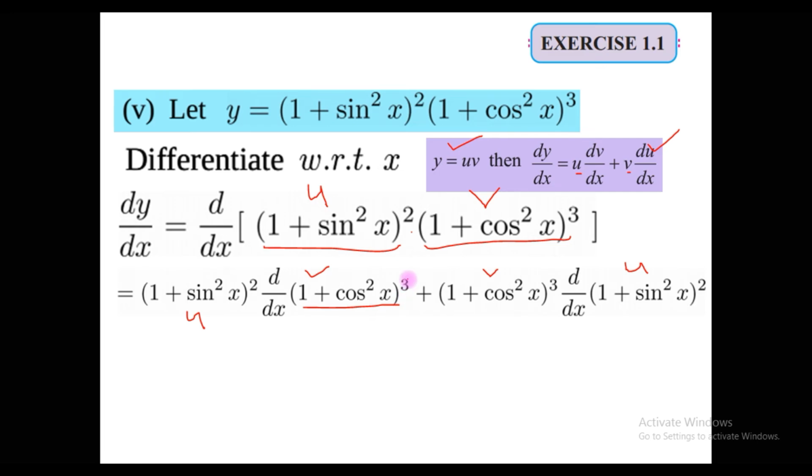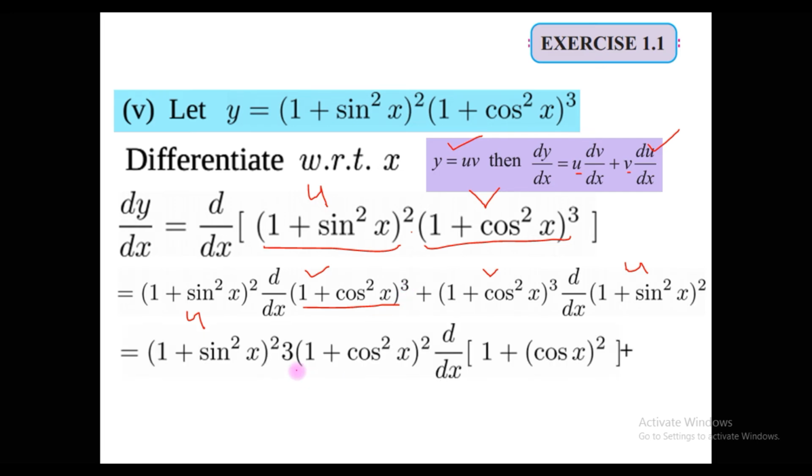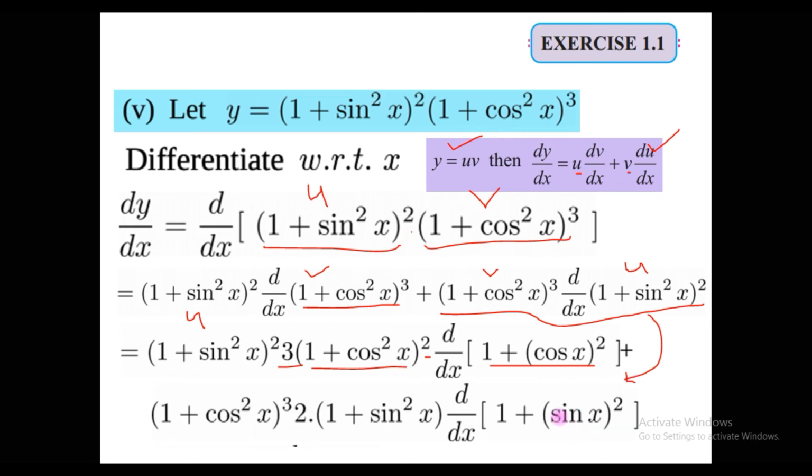Here a cube is there, so it will be of the 3x square form, and inside that, do not forget to find the derivative of 1 plus cos x whole bracket square, plus now this part I write below.